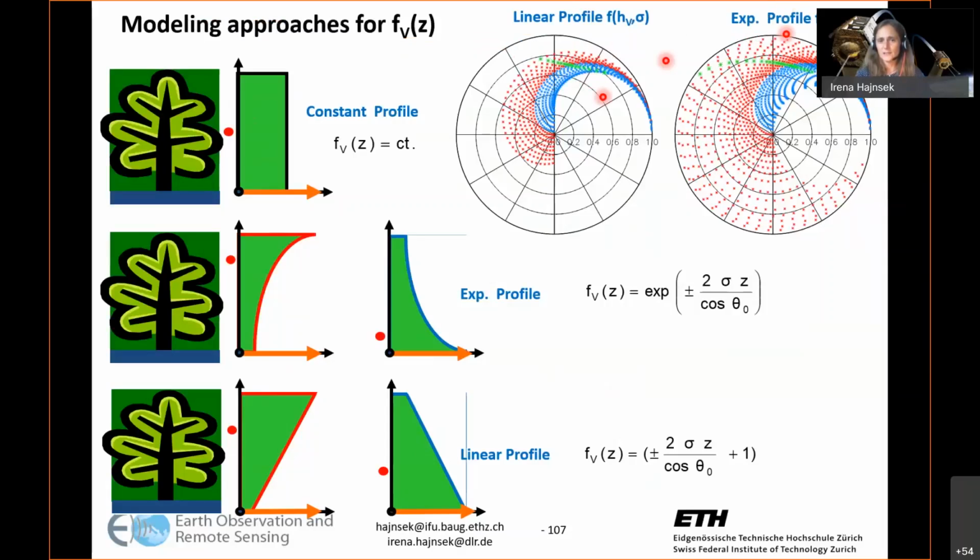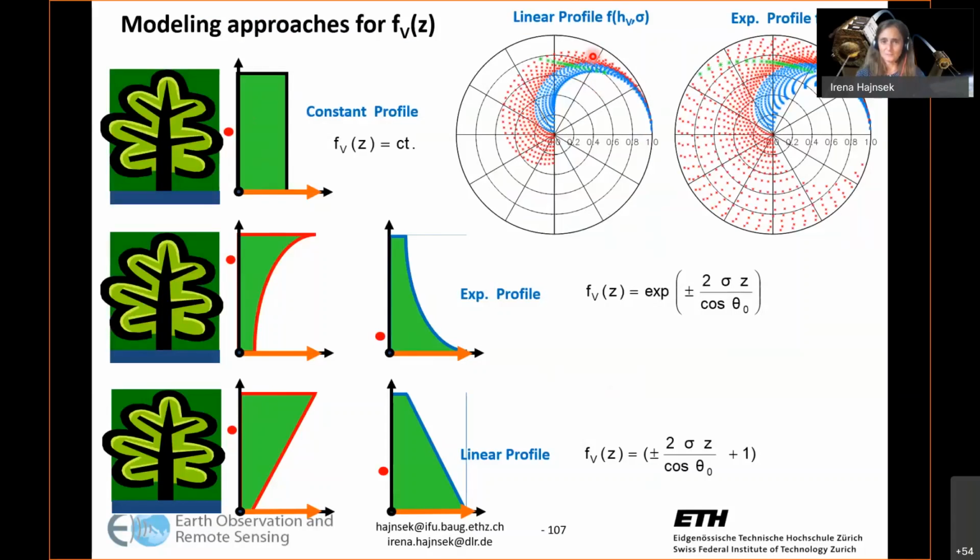To say, the red one is this red indication, and the blue one is always the opposite. So you see both in one plot.